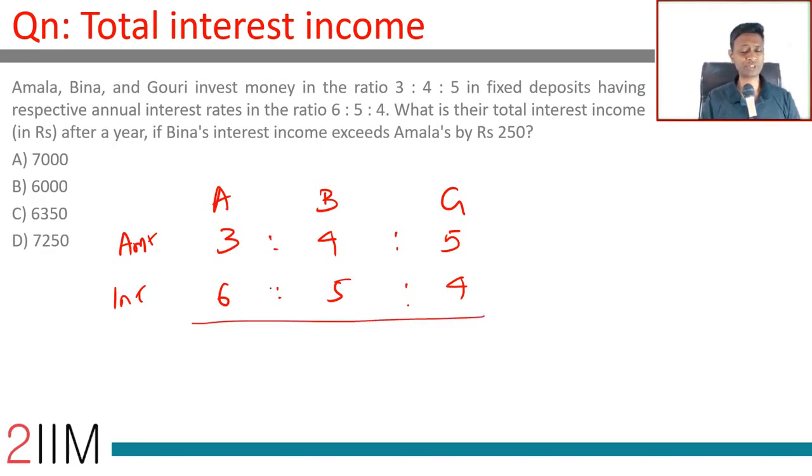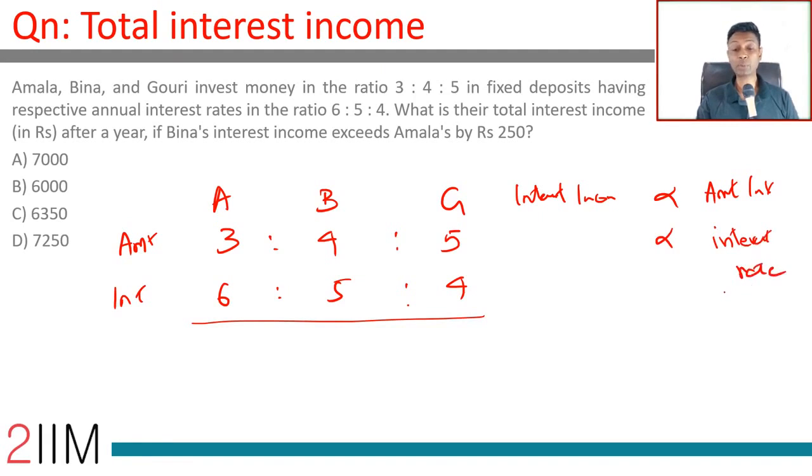A very simple question if you get the funda. Interest income is proportional to amount invested. It is proportional to interest rate. It will be proportional to the product of these two, so their interest income will be in the ratio 18:20:20.